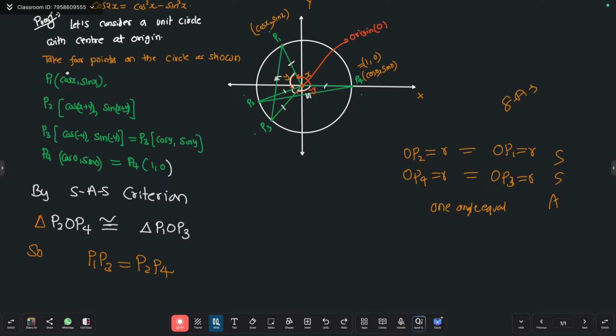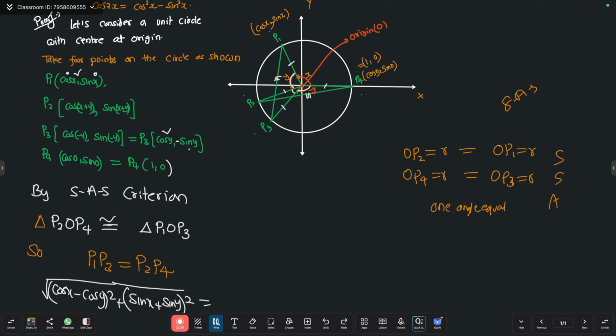This P1 P3 distance means root over: first coordinate cos x, and here first coordinate cos y, so cos x minus cos y whole square, and then the y coordinates, sin x minus sine of minus y, that is plus sin y, whole square.